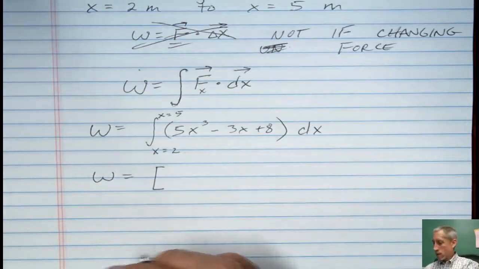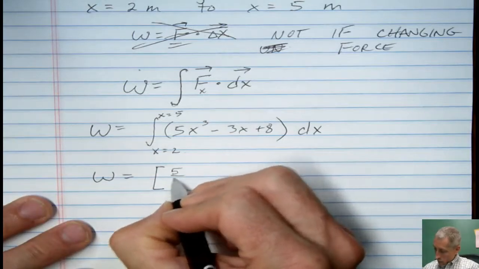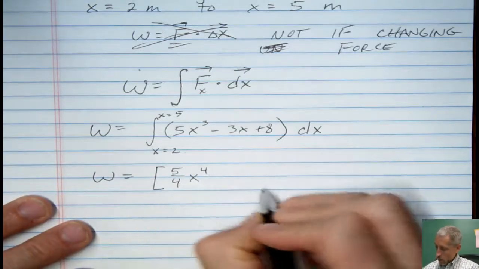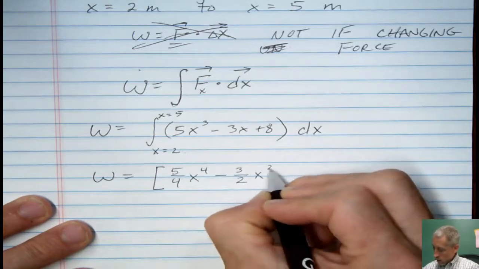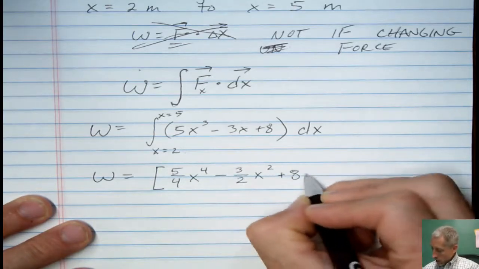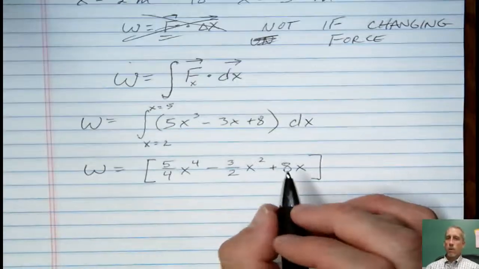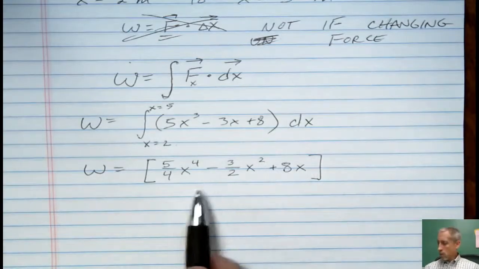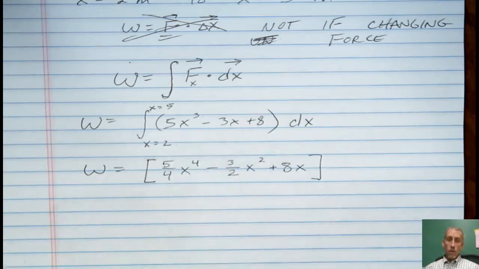So that function would be 5/4 x to the 4th minus 3/2 x squared plus 8x. And I always recommend for students that are new to calculus, make sure that you go back and take the derivative of this and be sure you get the function that we want there.